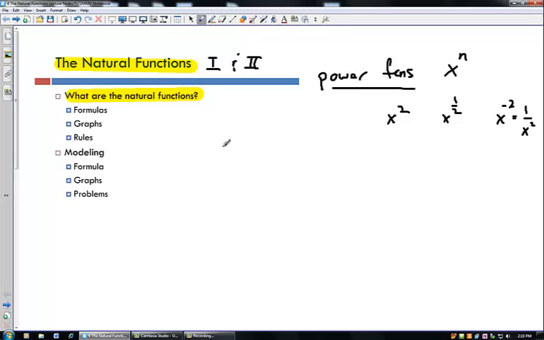And so what are the natural functions? There's 2 types. So f of x equal to e to the x, where e is this number 2.718... When I think of e, I also think of pi. So pi is equal to 3.14 blah blah blah. These are called transcendental numbers.